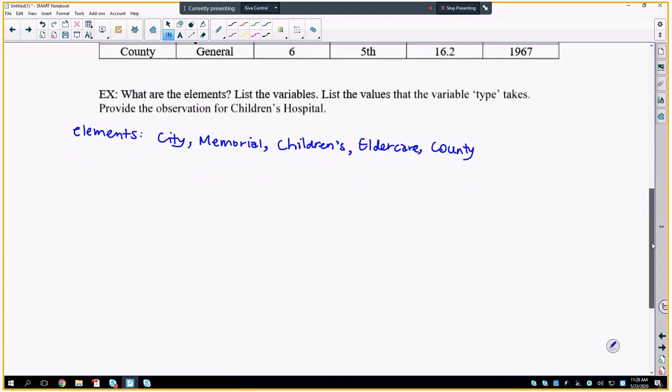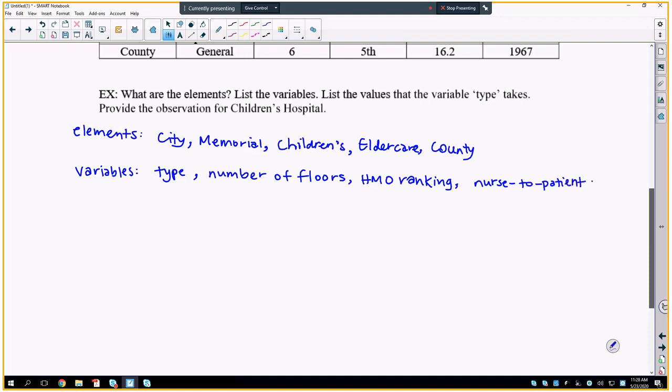The variables should be the type, the number of floors, the ranking, the nurse to patient ratio, and the year that the hospital was open.